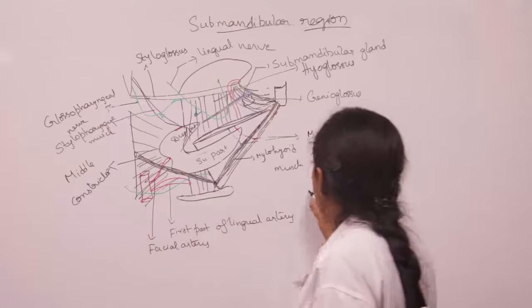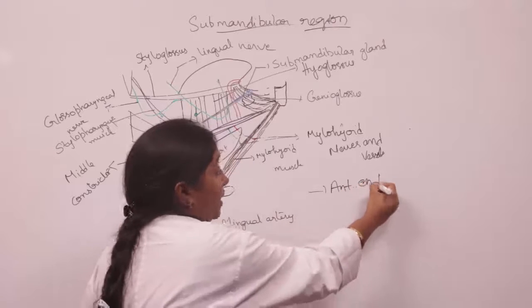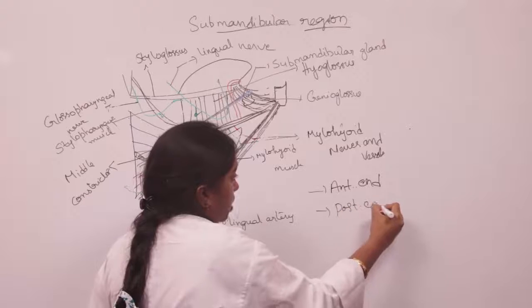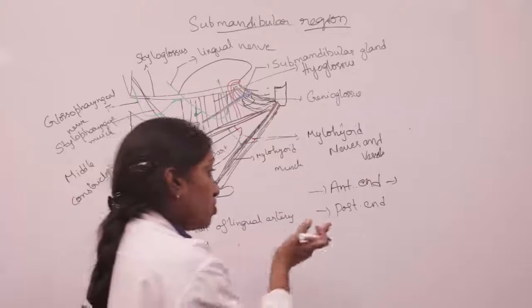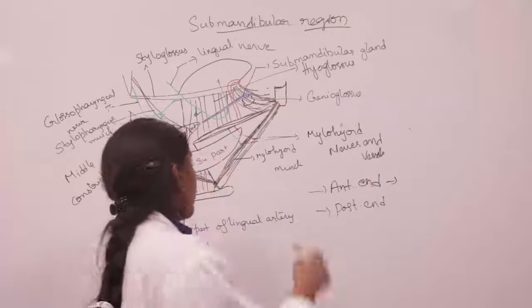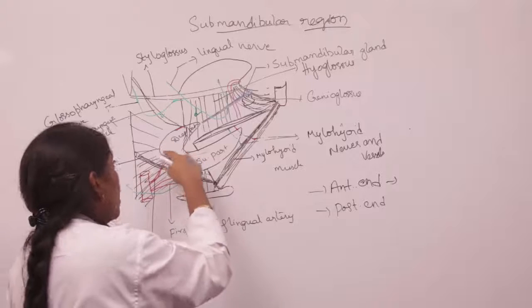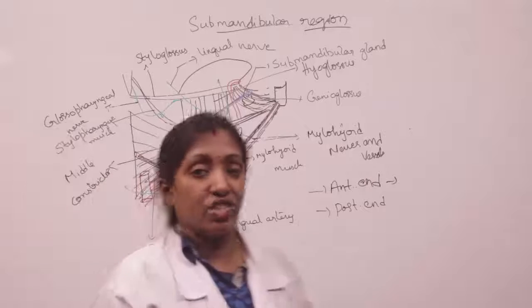So the gland presents an anterior end, which extends up to the anterior belly of digastric, and a posterior end, which extends up to the posterior belly of digastric and presents a groove for the cervical loop of the facial artery.